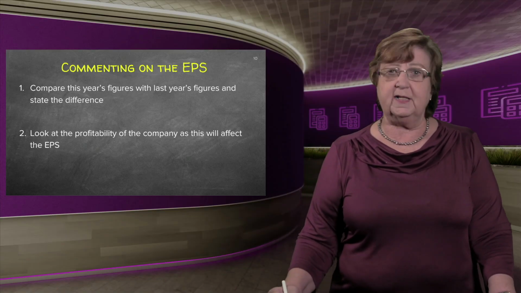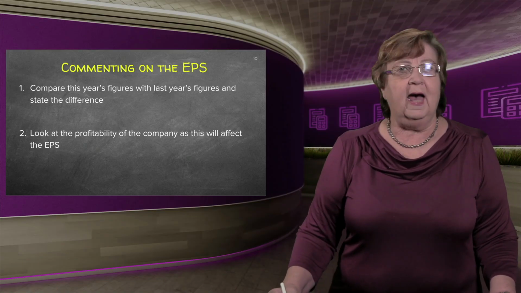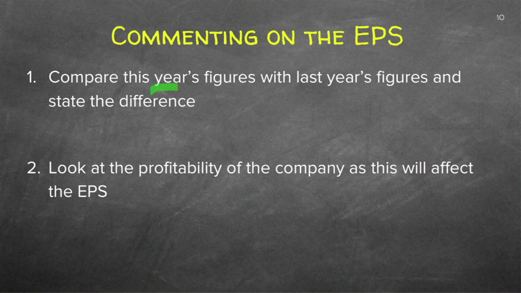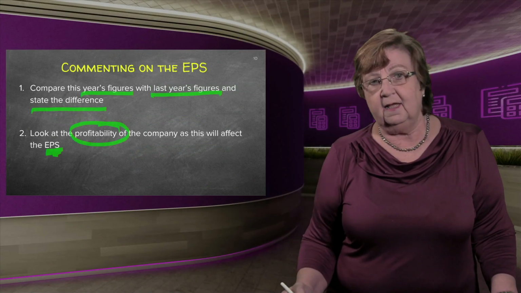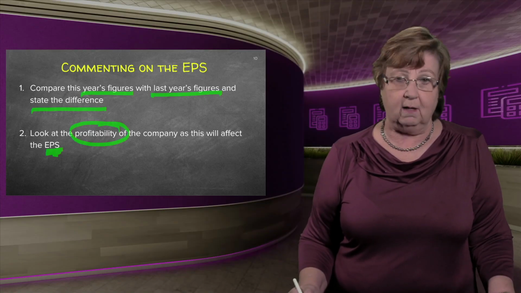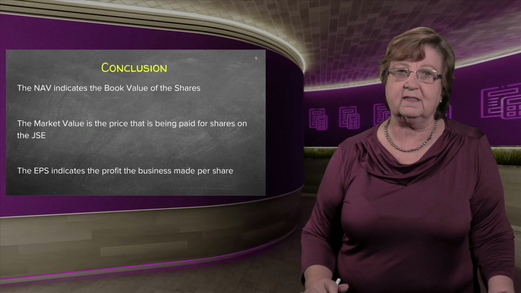So how do we comment on the EPS? As usual, we compare this year's figures with last year's figures, and we state the difference. We're going to look at the profitability of the company, as this will affect the EPS. Obviously, the more profitable a business is, the better the effect will be on the EPS.